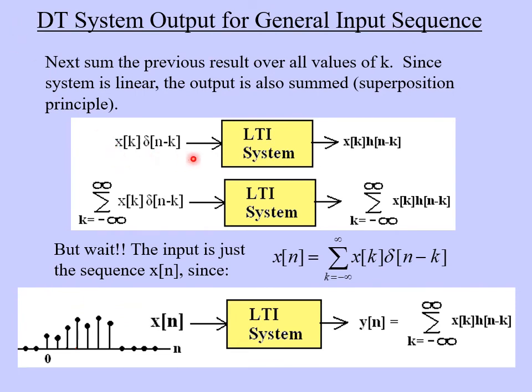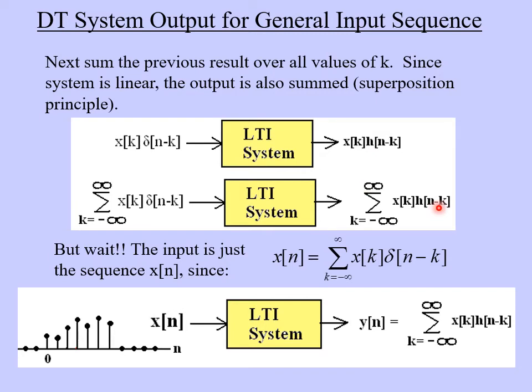So let's take the result from the last slide, where we showed that x of k times delta of n minus k gives us x of k times h of n minus k, and let's use superposition and sum this over all k. We're allowed to do this because this is a linear system. When we sum up all of these terms, shown with the summation symbol, then by superposition the output gets summed up as well.